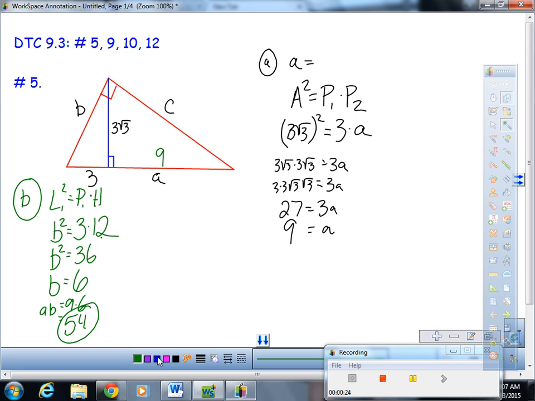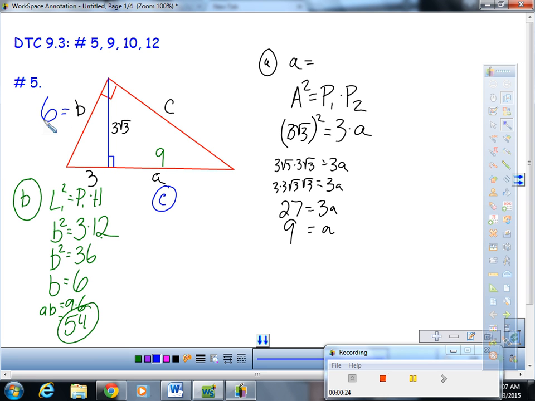Okay. And we'll squeeze part C right in here if we have room. Find A plus B plus C. Okay. Well, to find C, we're going to have to use Pythag. And this is your Michael Jackson of right triangles. So, is that true? No, it's not. B is 6. This is actually a 30, 60, 90 triangle.